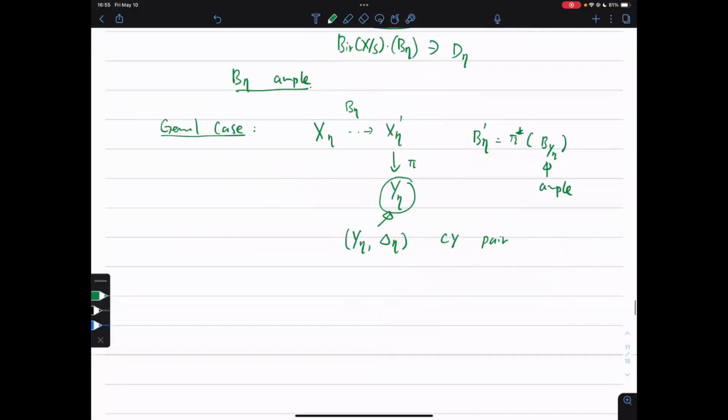And we can use exactly the same argument to do a map, using this, B Y eta, in some Picard group of Y0. So far so good.